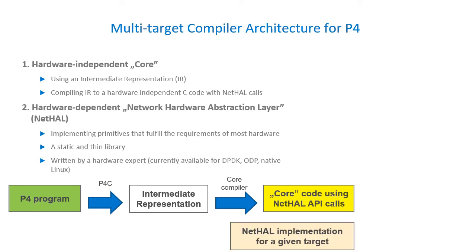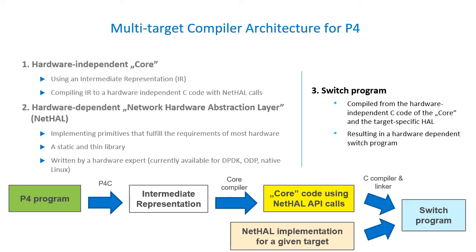The library is implemented for the given target, so if we move to another target, we only have to replace this component. Then we use standard C compilers and linkers to combine the two components, the hardware-dependent and independent parts, and generate the switch program at the end.